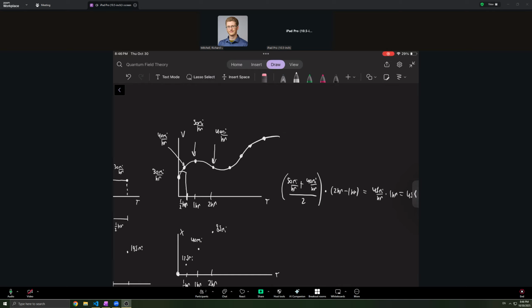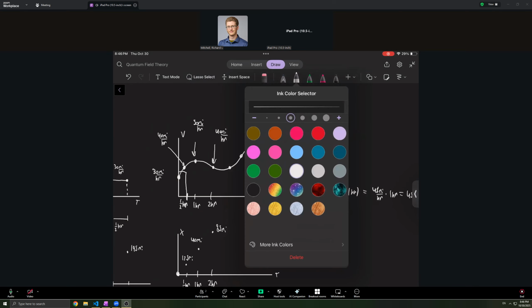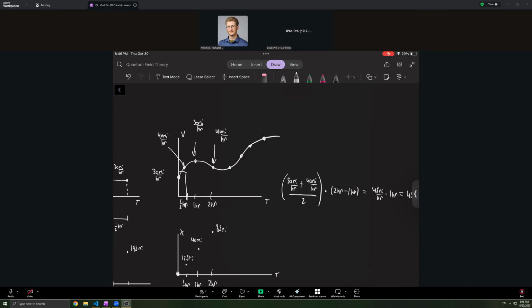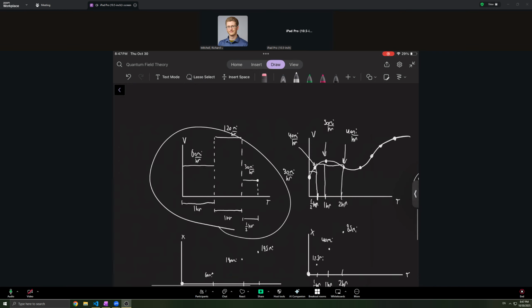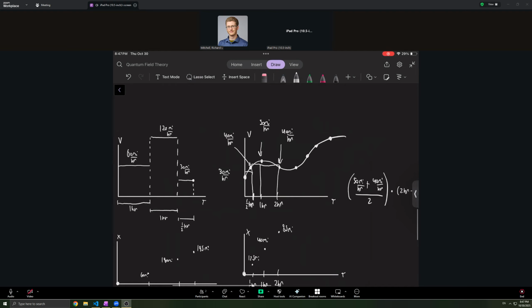I think at this point I don't need to do another one, but you can see the process here. If you have these data points, and I can also draw the triangles out a little bit more, you can see the process is almost exactly what we did over here, except we're now faced with the issue that over here we had a nice constant velocity. It was clear which velocity we used to multiply times time. Over here it's not clear.